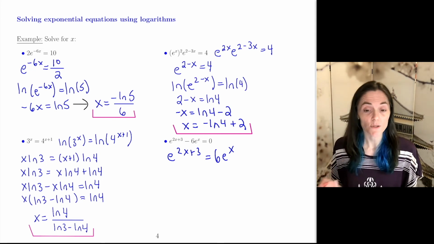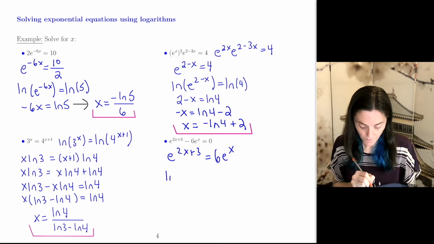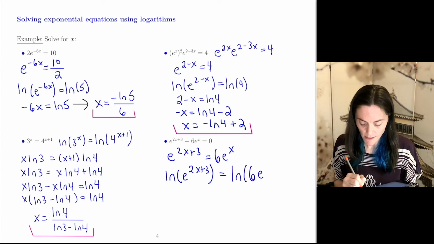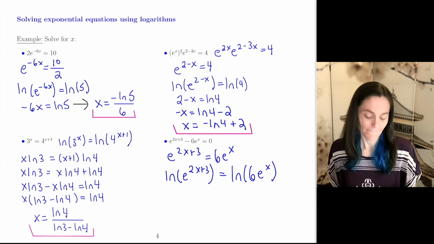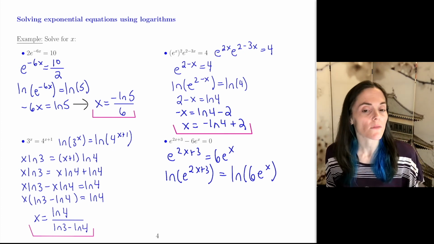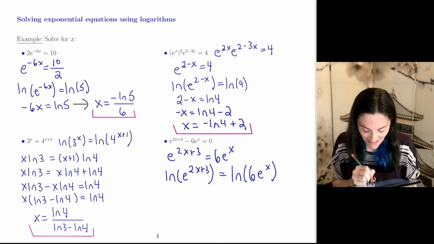Now let's take the natural log. We have ln e to the 2x plus 3 equals ln of 6 e to the x. Well, really on the left-hand side, I can go ahead and simplify this.